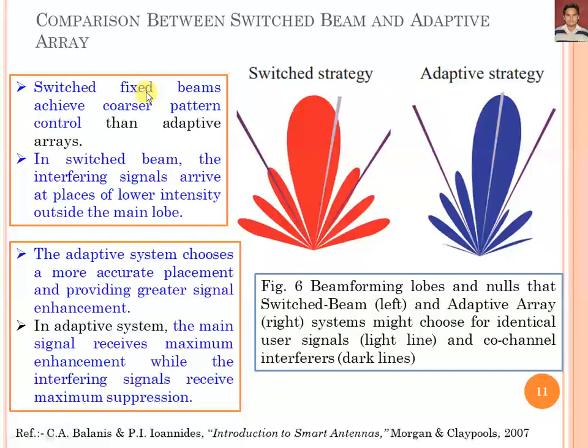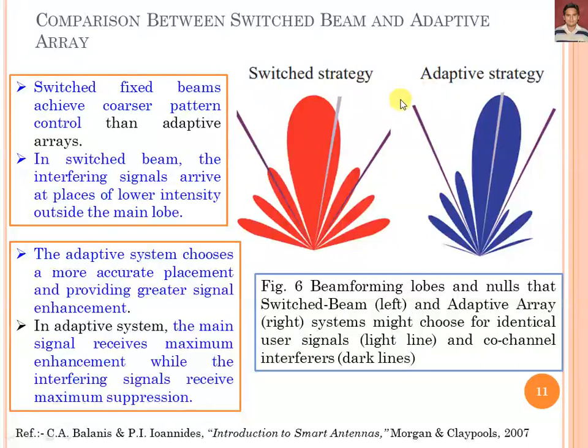The switched fixed beam achieves some pattern control. In switched beam, the interference signal is placed at a lower intensity outside the main lobe. So you can see this is the main lobe, but the interference is also providing a low intensity signal to the mobile user.